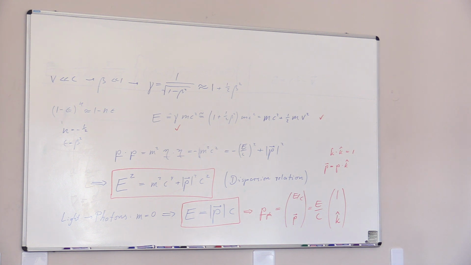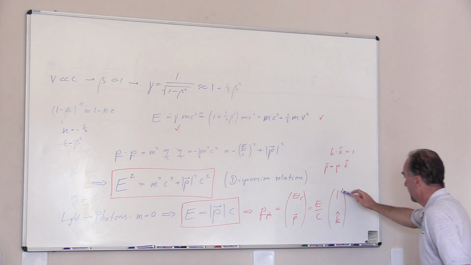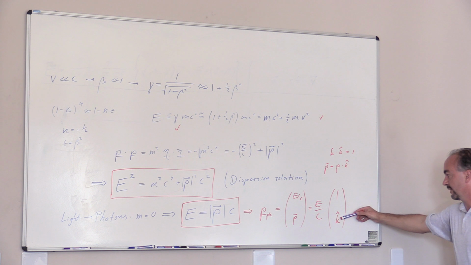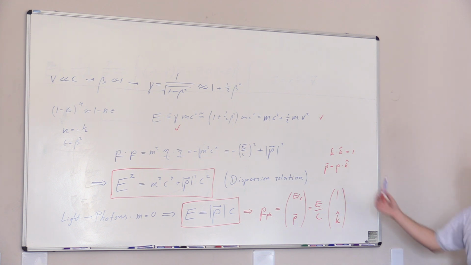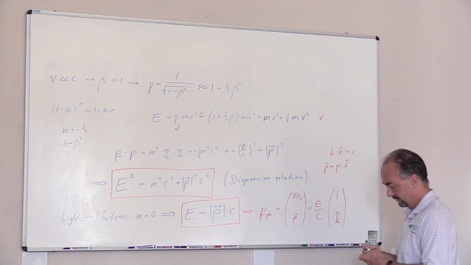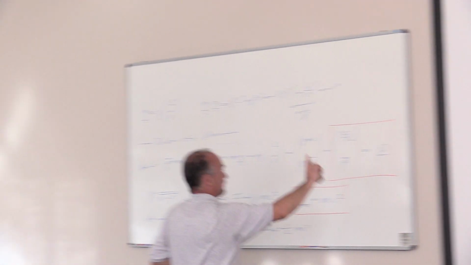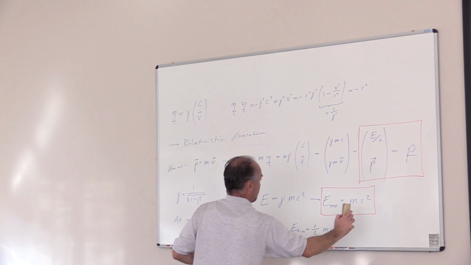That's the way I'm doing this. Now, of course, if you calculate this 4-vector product, you get 1 minus 1, which gives you 0. So from that, we're all done with this here.